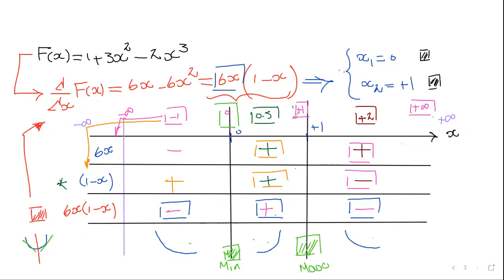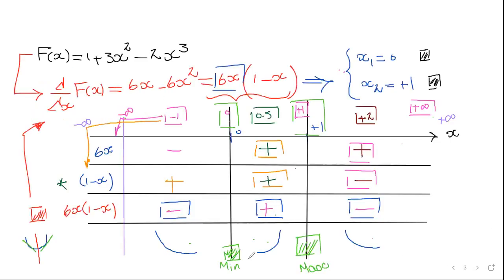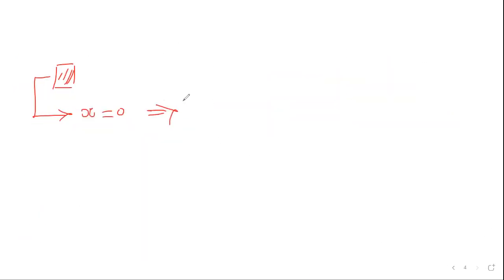What is this point? This is +1. As a result, I conclude that I got 2 results. The first result is that my first critical point, x equal to 0, represents the minimum point.